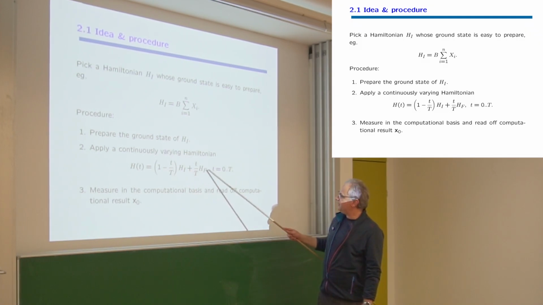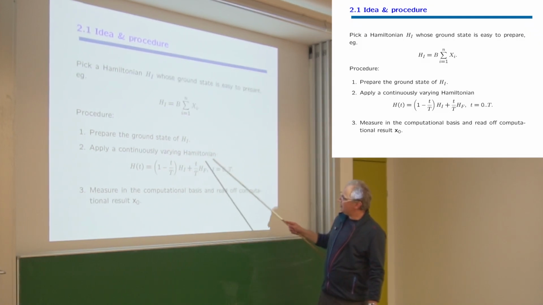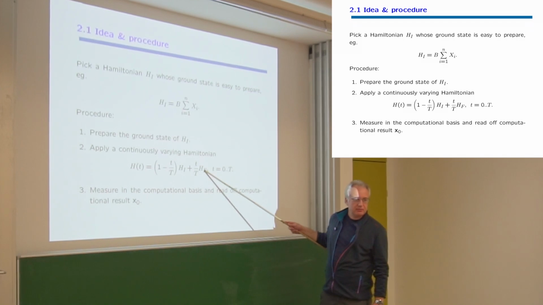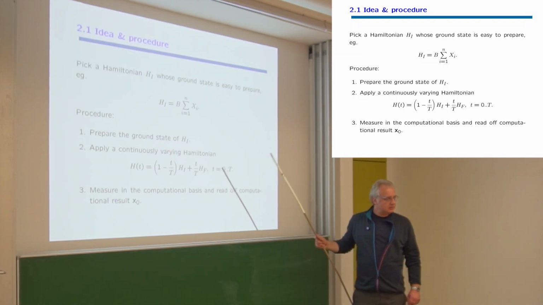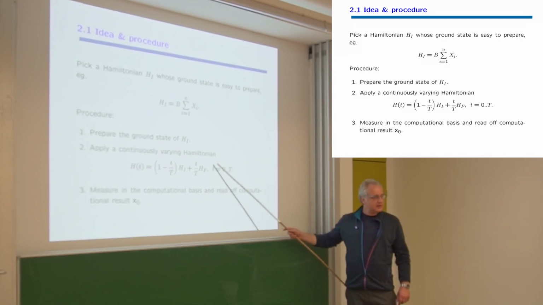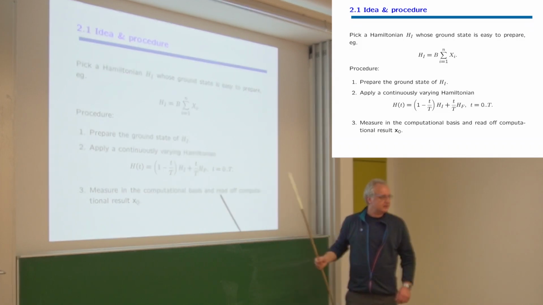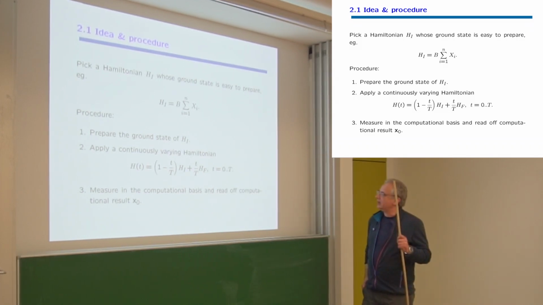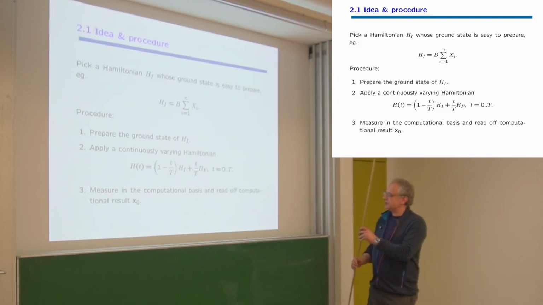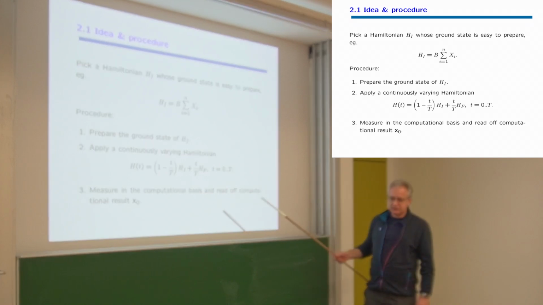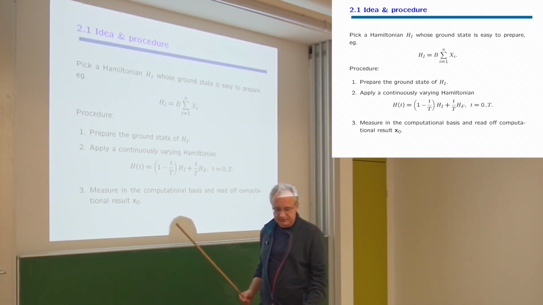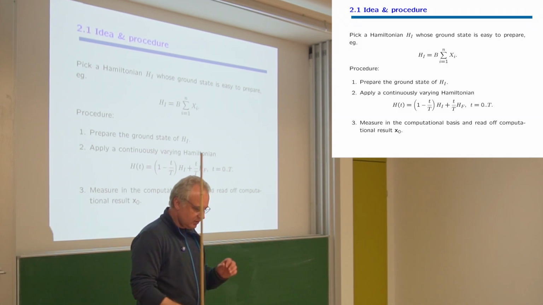So in particular, at the end, you are in the ground state of the final Hamiltonian, which is what we wanted. Then the final step is to measure in the computational basis and extract what is hopefully the solution. So that's the overall scheme.